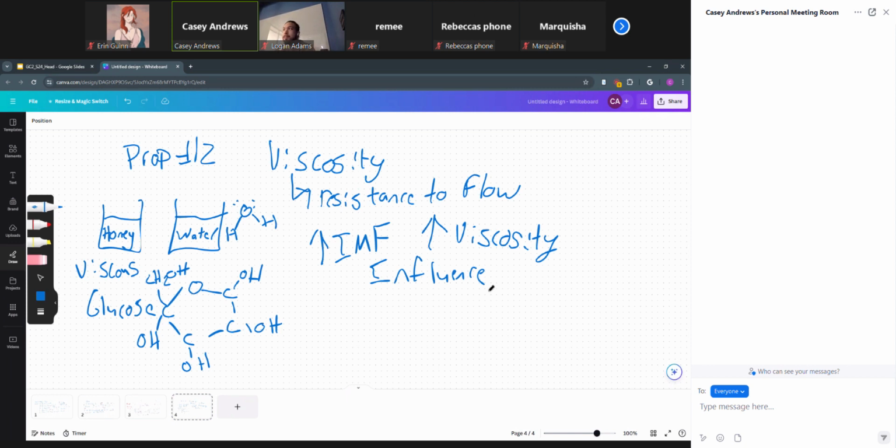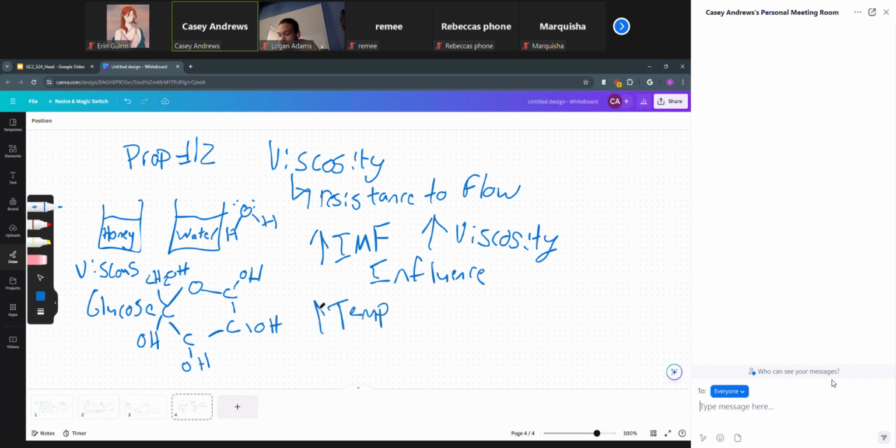I want my breakfast to have honey on it. I want some toast and honey. However, when I squeeze my little bear, it's kind of stuck in there. If that was the case, what would you do to make it come out faster? Heat it up. Yeah, so one thing that influences viscosity is temperature.